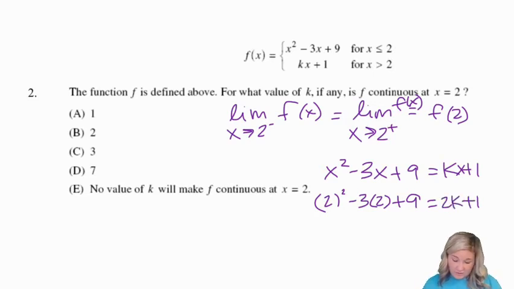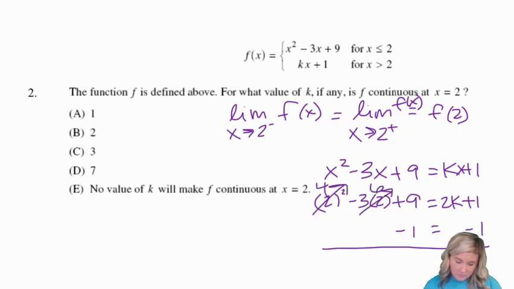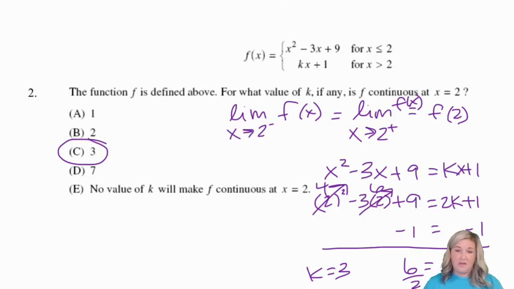And then I'll just solve for k there. So I have 6 is equal to 2k divided by 2, and so k is equal to 3. So if k is equal to 3, then it would be continuous there.